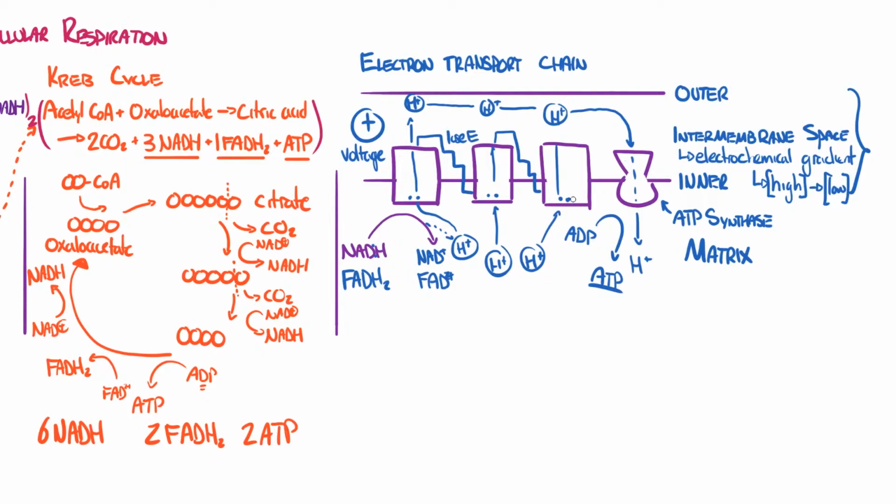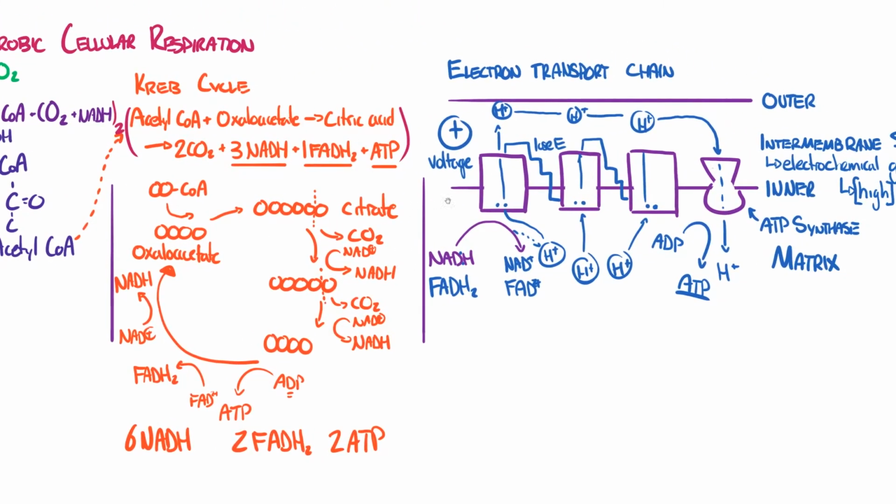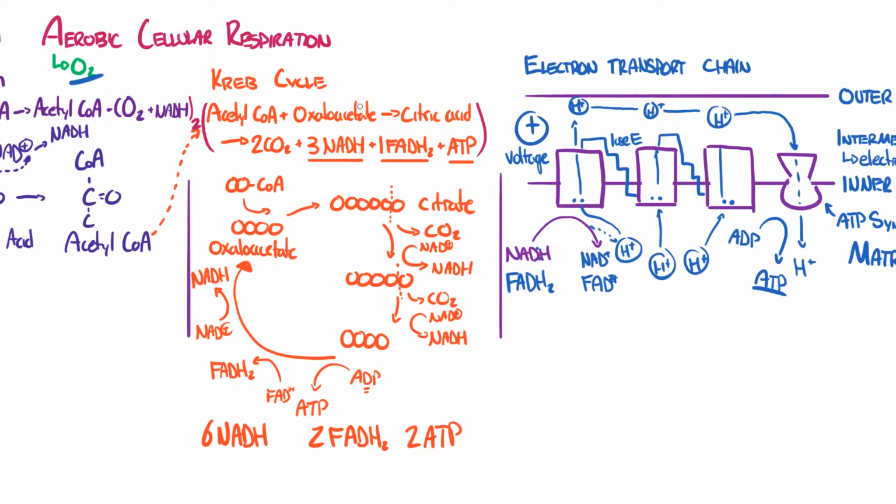If they're not picked up, if they're not removed from here, then the buildup of electrons will actually cause this mechanism to stop working. And then even if you bring more electrons to it, it's not going to go. So to pick up these electrons, this is why we say aerobic respiration requires oxygen.